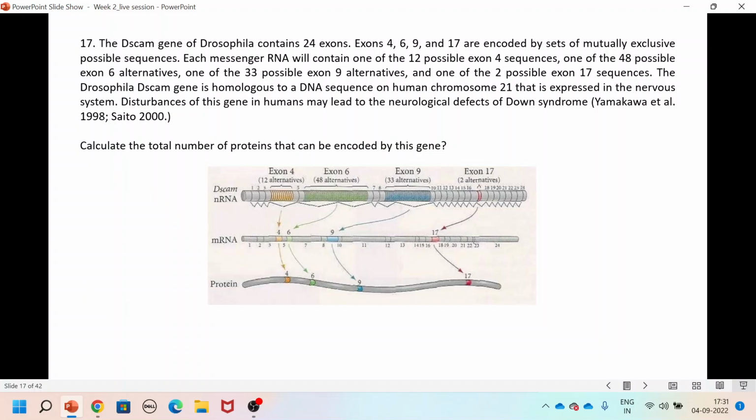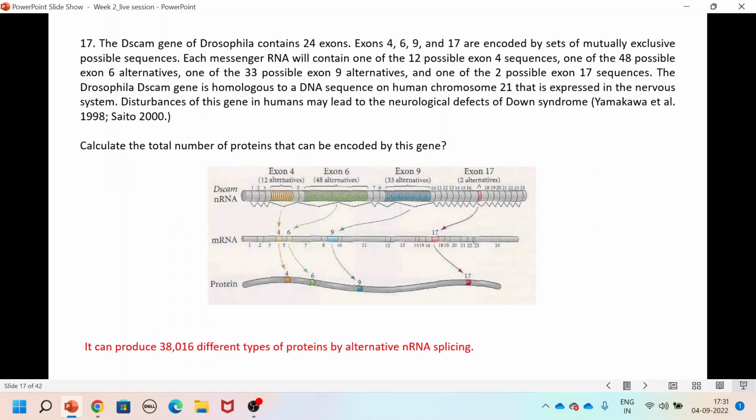Now, when alternative splicing or exon shuffling occurs, every exon rearranges with the others independently. So the number of possible outcomes is the multiplication of the number of alternatives for each exon, right?